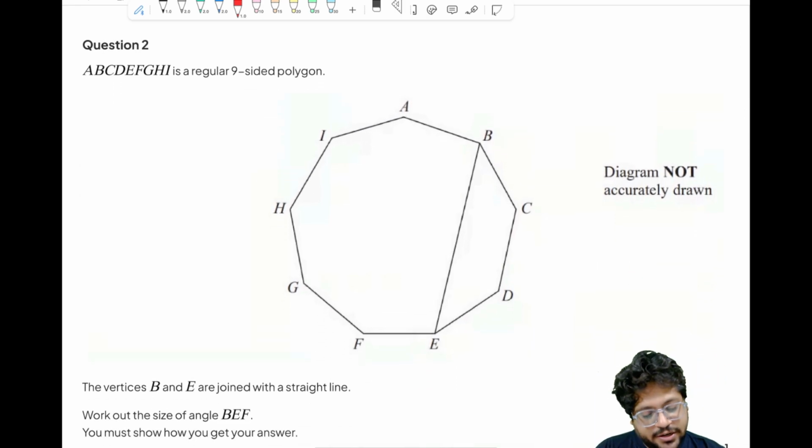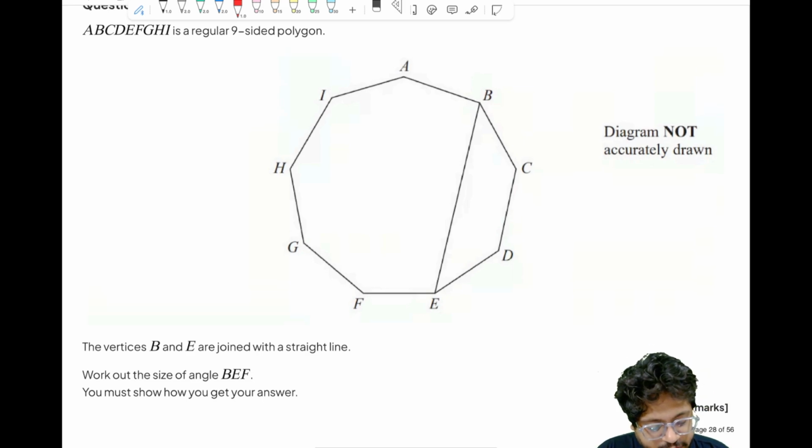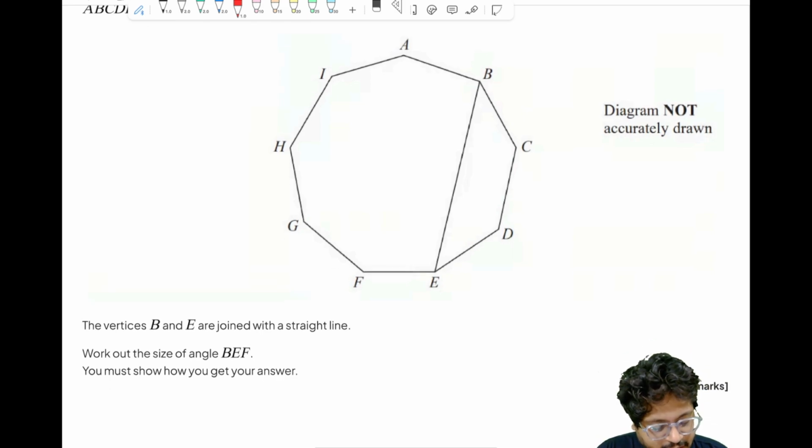ABCDEFGHI is a regular 9-sided polygon. It's a nonagon basically. The vertices B and E are joined with a straight line. Work out the size of the angle BEF. This angle we want to find. Okay.